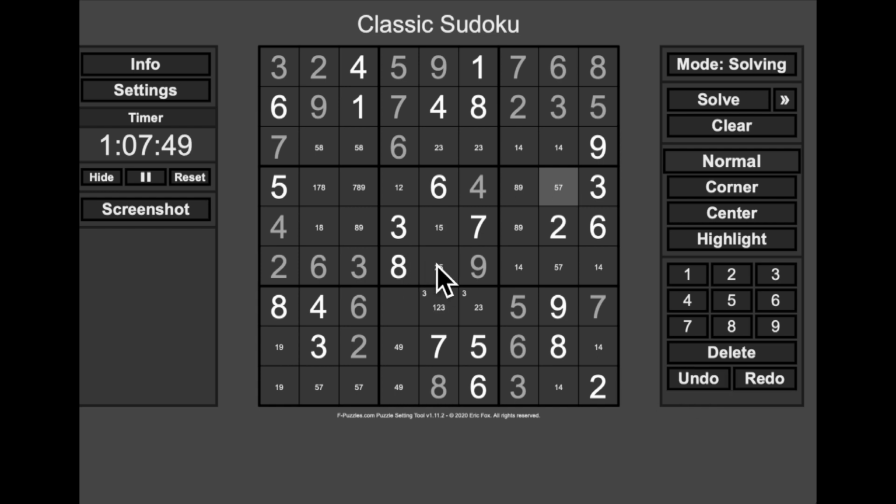This is definitely not 5, because that's a given 5. So that has to be 7. That has to be 5. That has to be 2. Now that doesn't work. If this is 5, then that's 7.